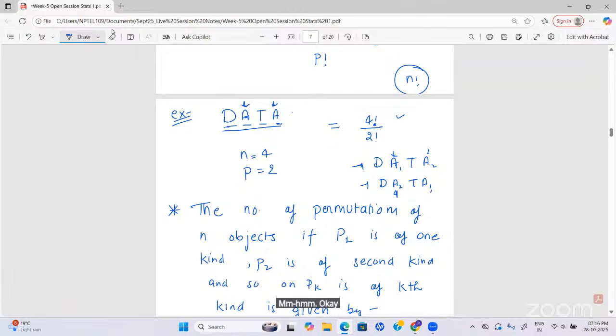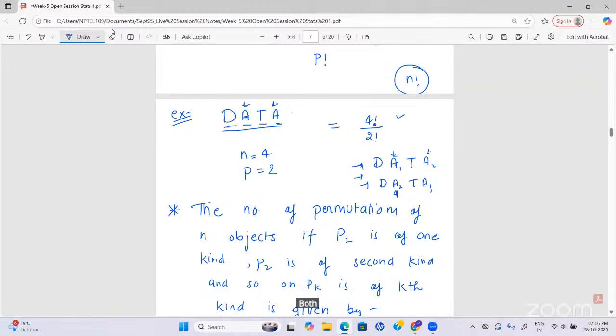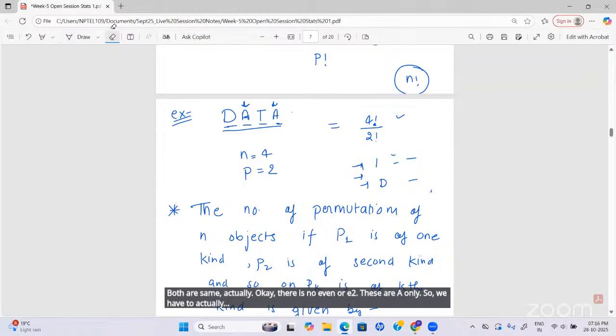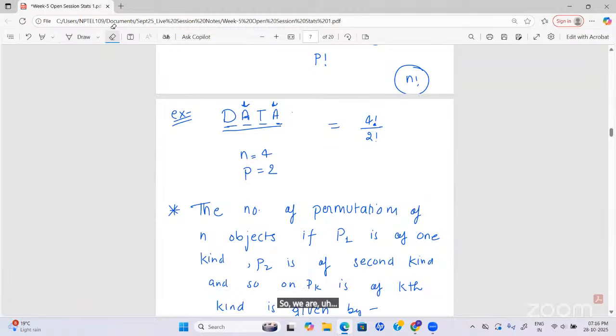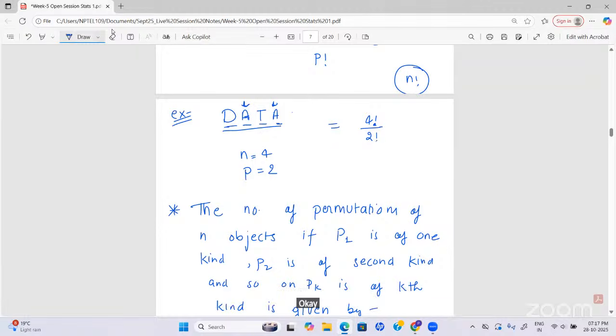If you write this A here or here, both are the same. There is no A1 or A2, these are A only. So we have to remove those, and that's why we have to divide by 2 factorial, because it is repeating two times. In this way, you will get only the unique arrangements.